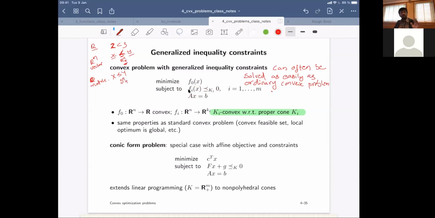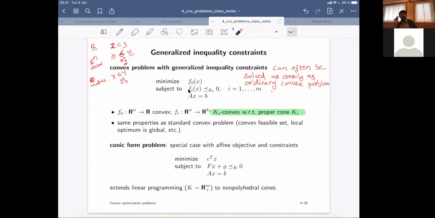These two are the most often used inequalities. When you compare two vectors, you are using the cone R^n plus, the non-negative orthant, which leads to a component-wise inequality. You can say x is greater than y when each component of x is greater than each component of y.